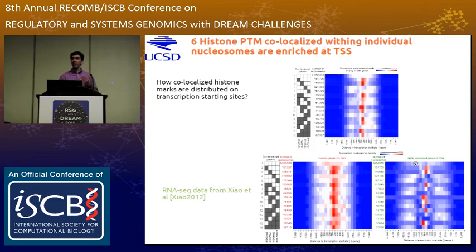Interestingly, among the highly active genes, we found enriched only those that contain the previously known activator marks, H3K4 methylation and H3K27 acetylation, whereas those nucleosomes that contain the repressive mark are depleted. So this makes sense with prior knowledge.